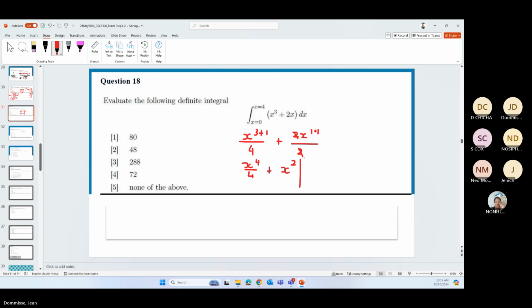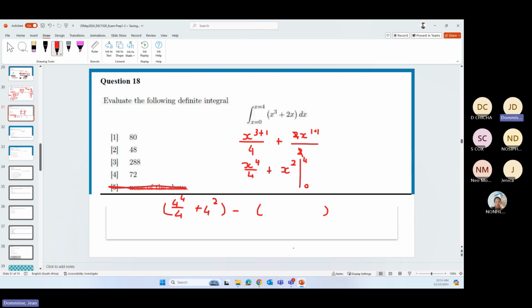And then we need to get it for x is equal to 4. That will be our first component. And then we will subtract it where x is equal to 0. Okay, so that will be the flow of this question. So when I put 4 into it, it's basically 4 to the power of 4, and I'm going to use a calculator, so I'm not going to try now to even be clever with this one.